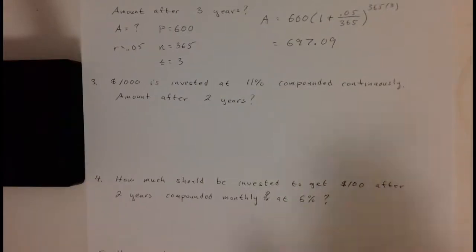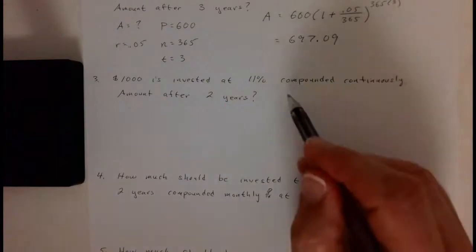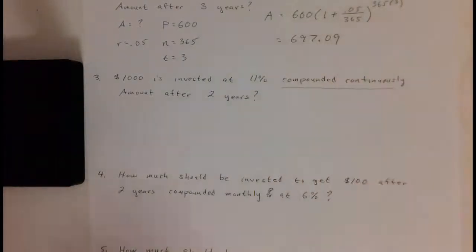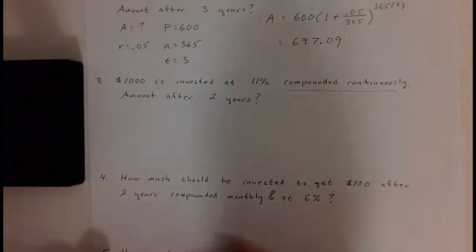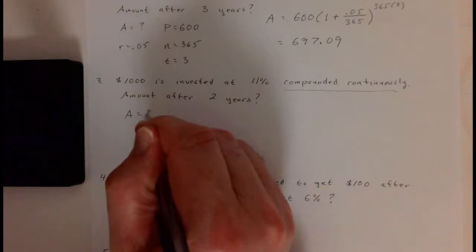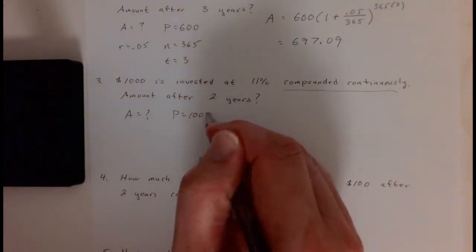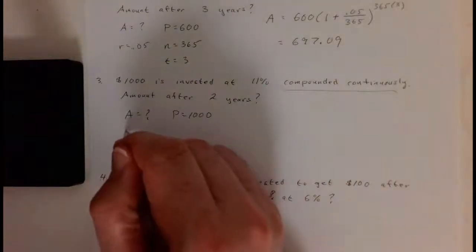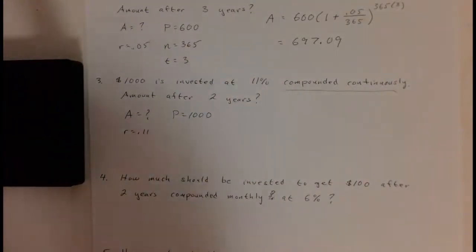Okay, let you look at this. Number 3 here is compounded continuously, so you're going to use the PERT formula with the E. Once again, we're trying to find the amount. Our principal is 1,000, our interest rate is 11%, so it's 0.11, and T is 2.